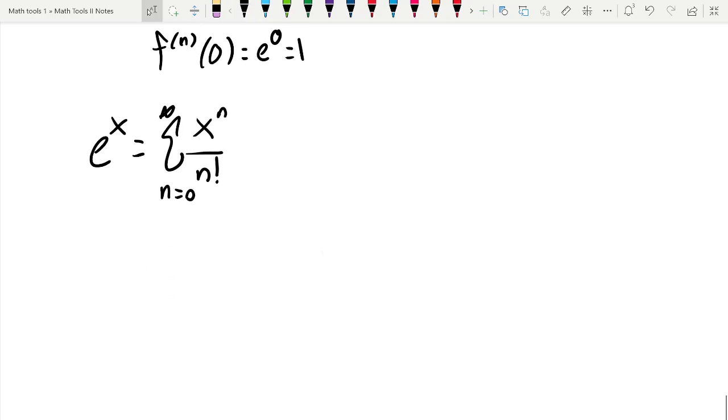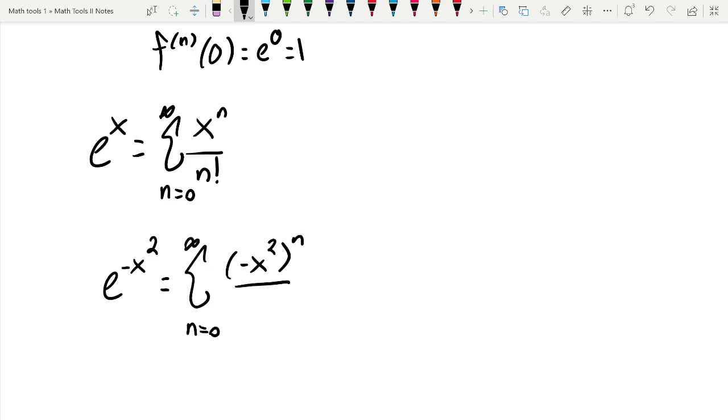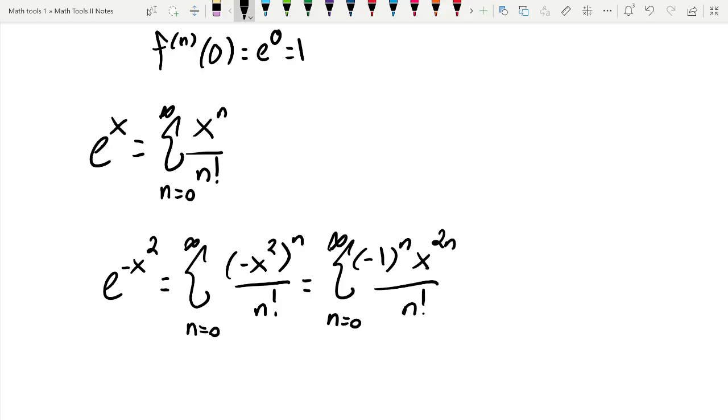And if you wanted to look at variations of this, like e to the negative x squared, for example, then all we have to do is plug that in for x and simplify it. So this is going to be negative 1 to the n, x to the 2n over n factorial.